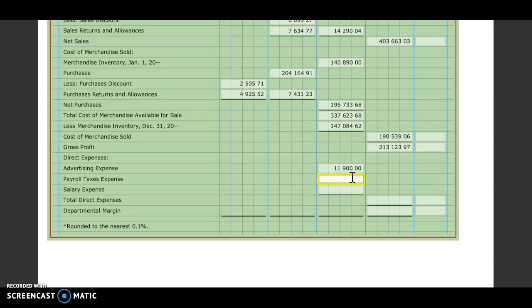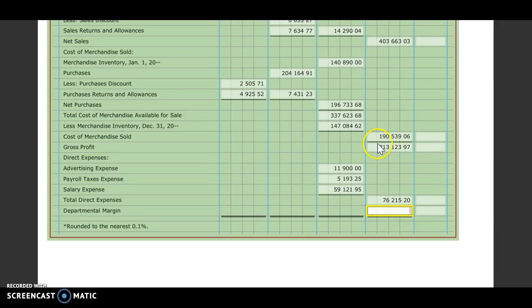Payroll taxes expense kitchen is $5,193.25, and salary expense is $59,121.95. We'll add those three together to get our total direct expenses, which is $76,215.20.